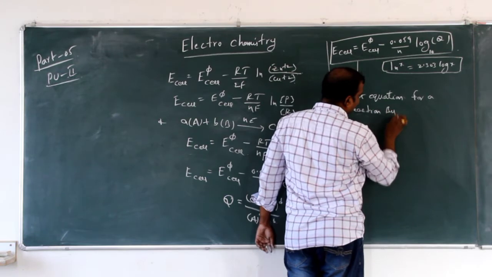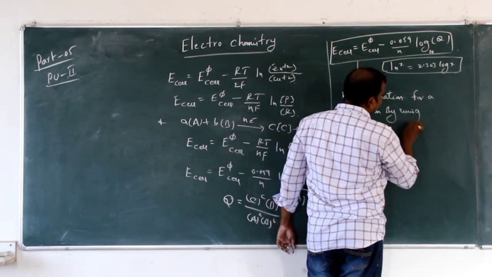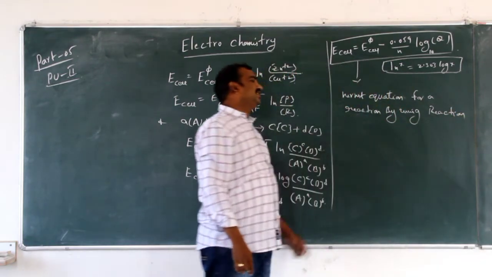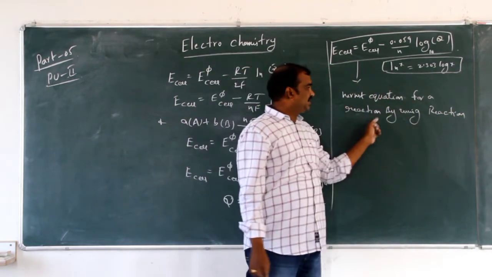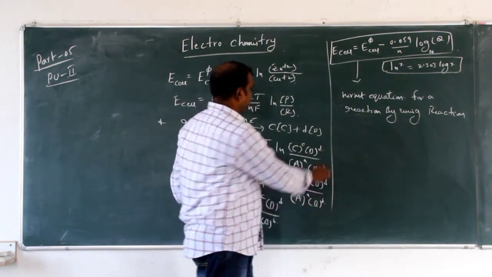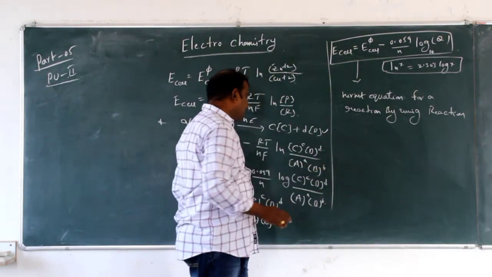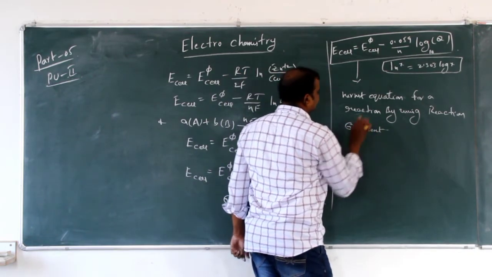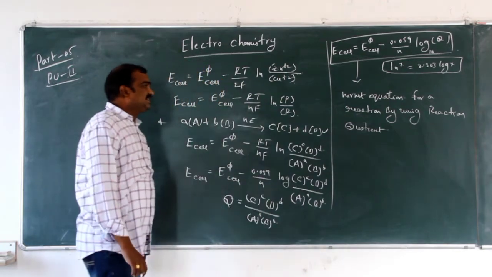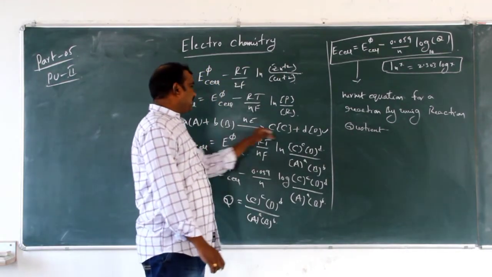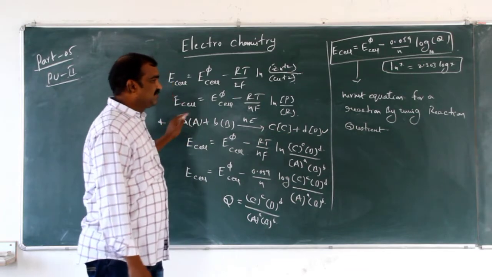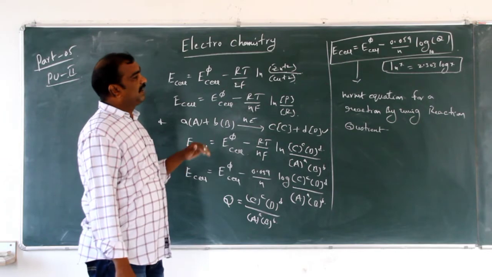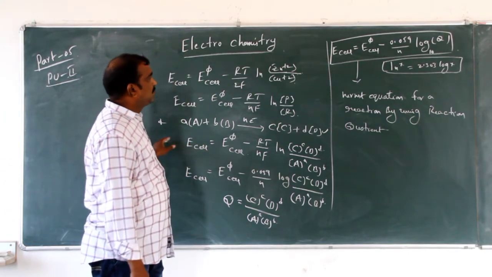This is the Nernst equation for this general reaction by using the reaction coefficient. This is very important for doing problems and also for objective purposes. So this is about the Nernst equation.